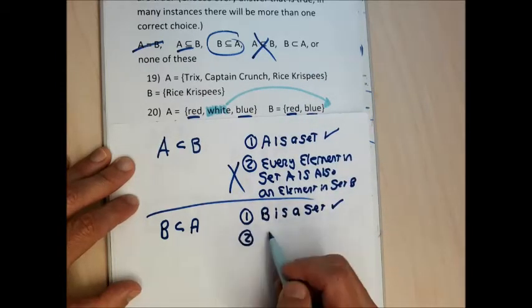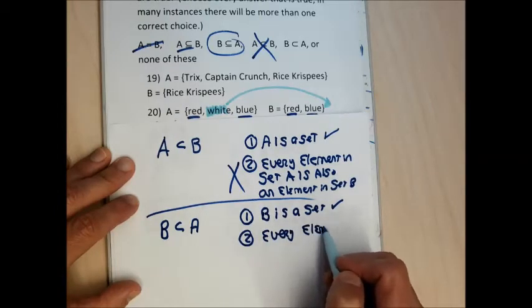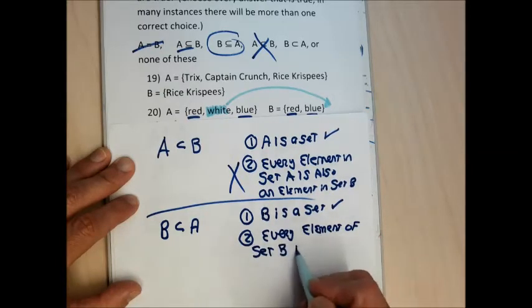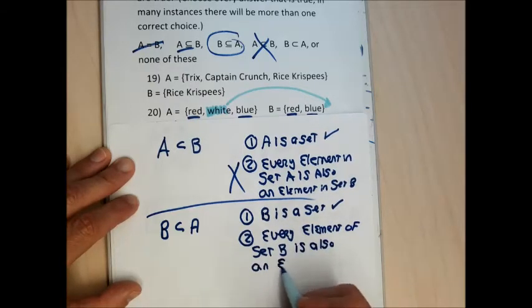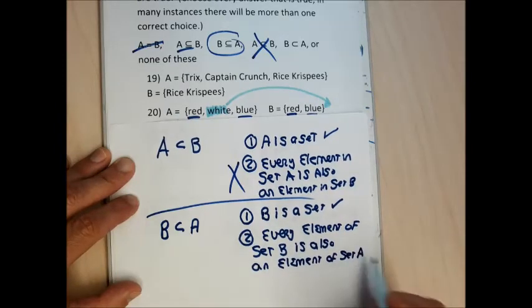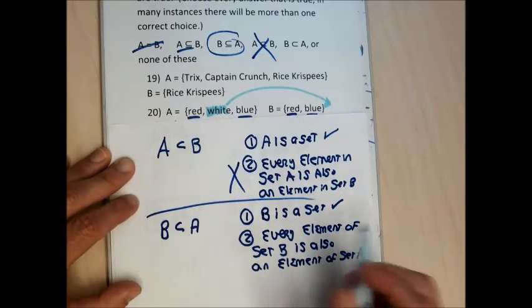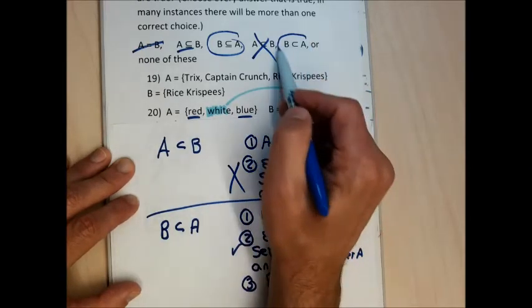Second rule, every element of set B is also an element of set A. We already talked about that. B has red and blue, and those are in set A, so that's okay. And 3, to be a proper subset, the two sets can't be equal, and they're not equal to each other, so that's satisfied. So B is also a proper subset of A.